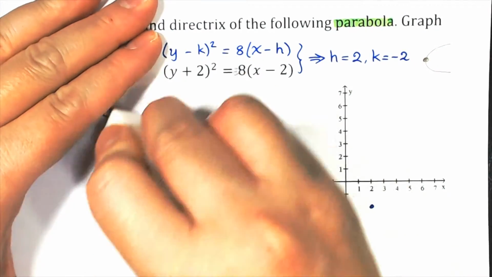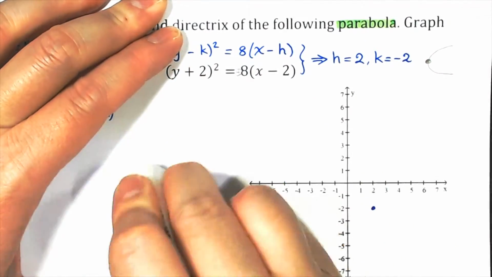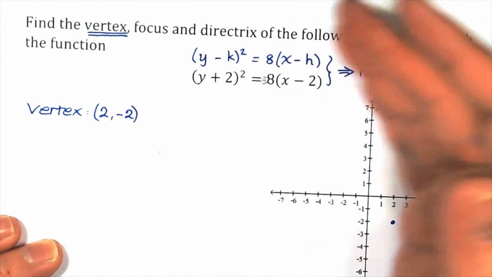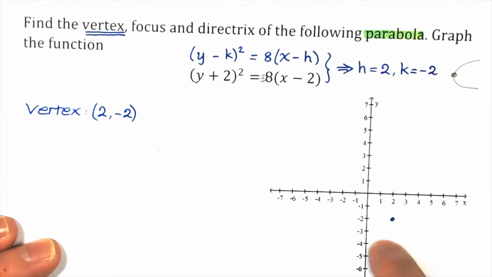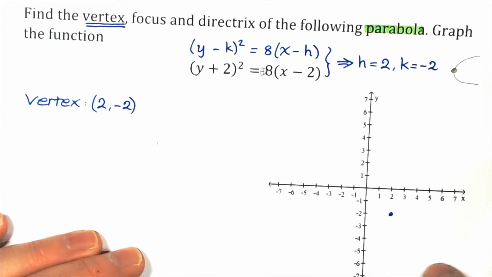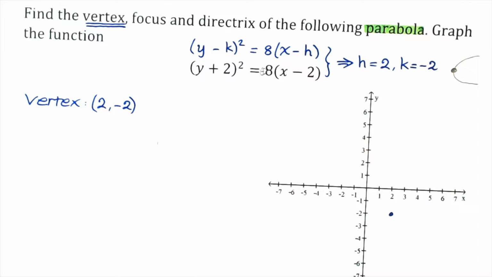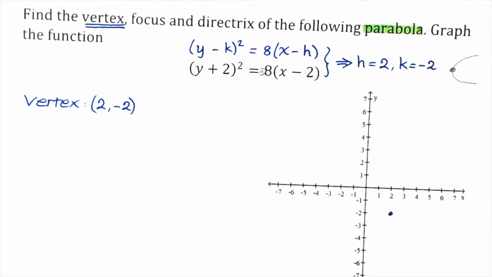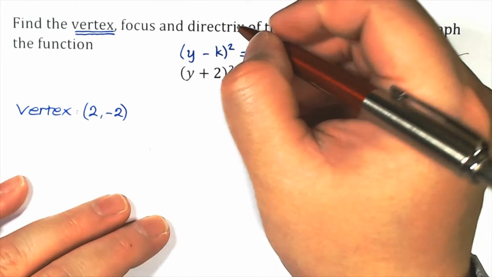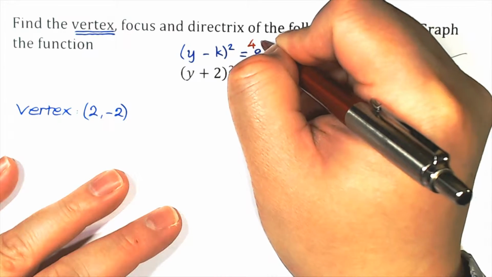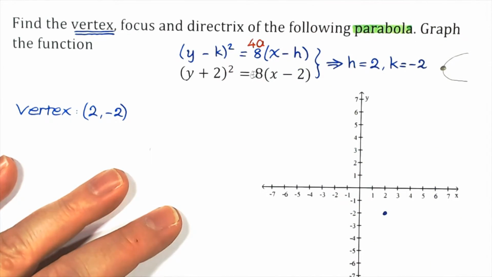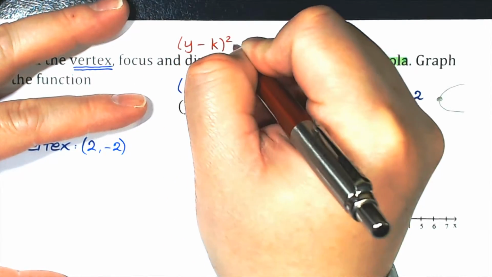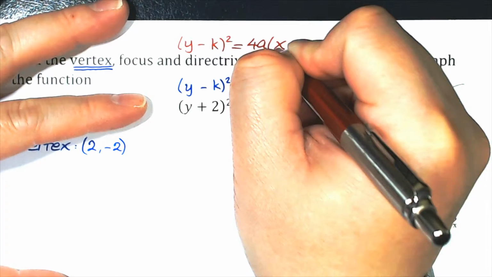Alright, so let's erase that. We know it's going to go like this. Now, how wide or narrow the parabola is, we need to determine the next step. Actually, it's not going to be 8. In general, the form is 4 times a. So it should be in this form, y minus k squared equal to 4a times x minus h.